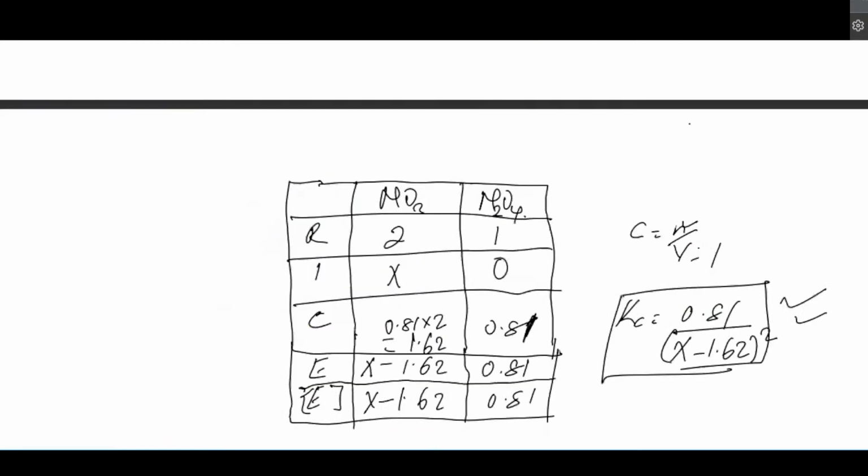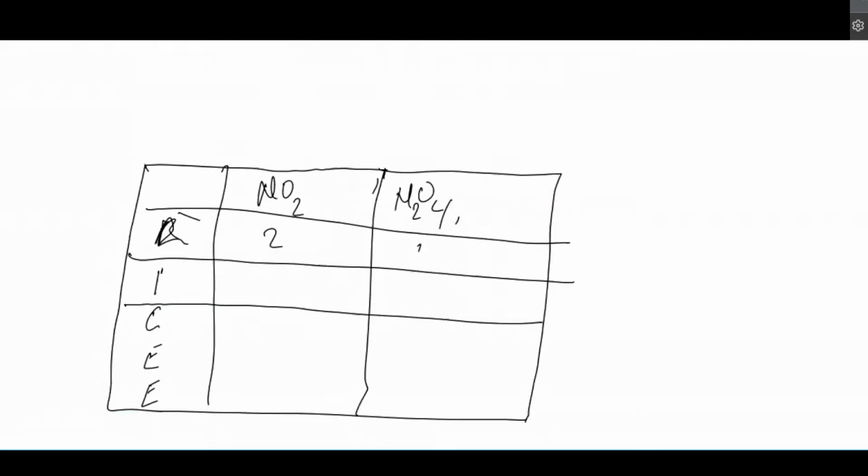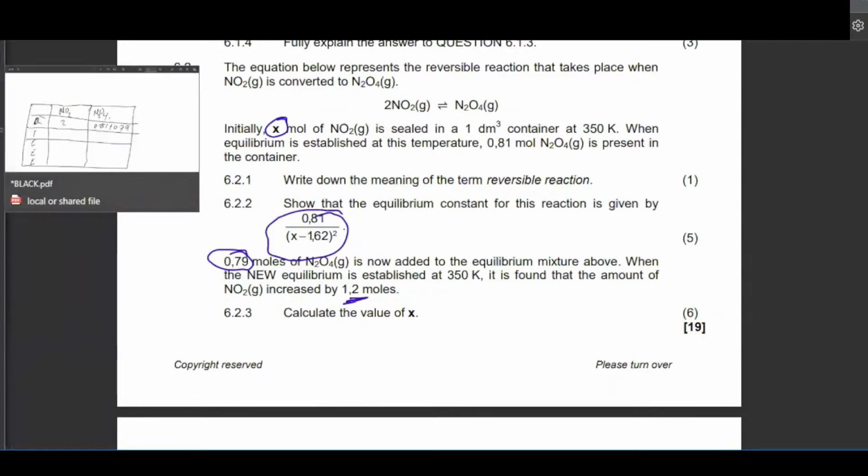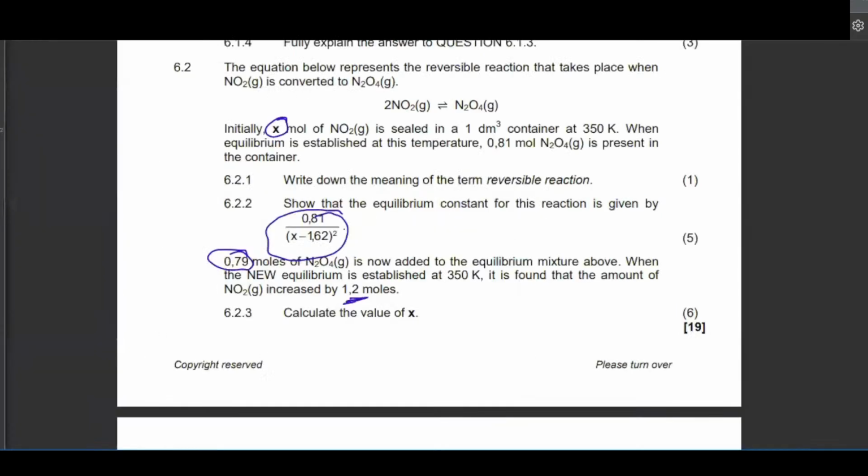So I started with 0.81 plus 0.79. That's what I started with. What are they saying? Then they say that when equilibrium is established, it was found out that 0.